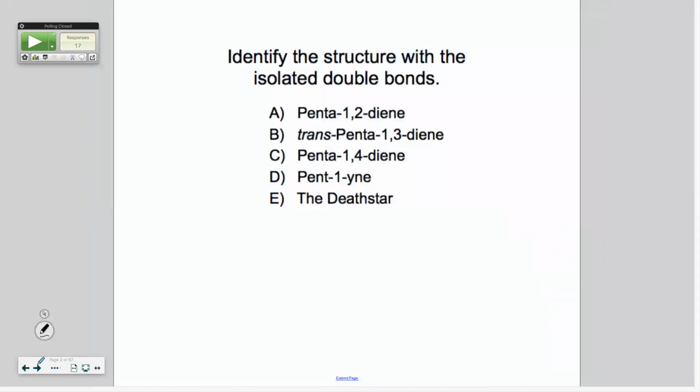Okay, identify the structure with the isolated double bonds. Which one has isolated double bonds? They all have how many carbons?